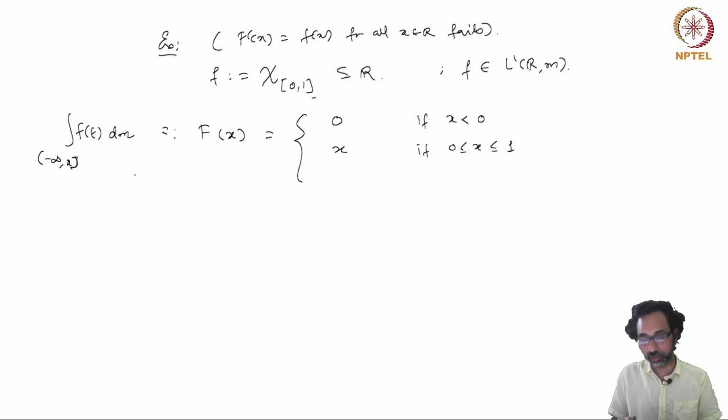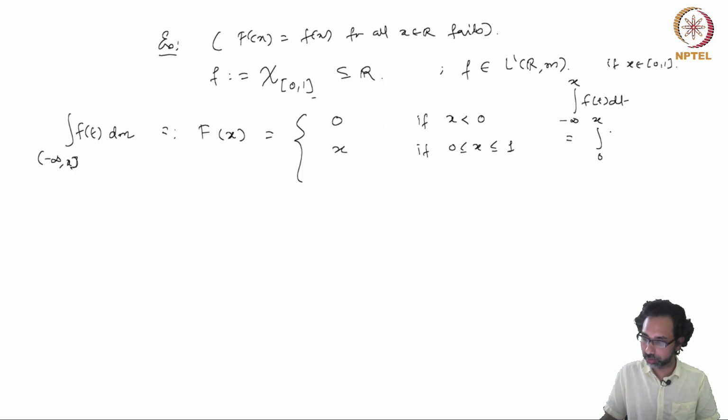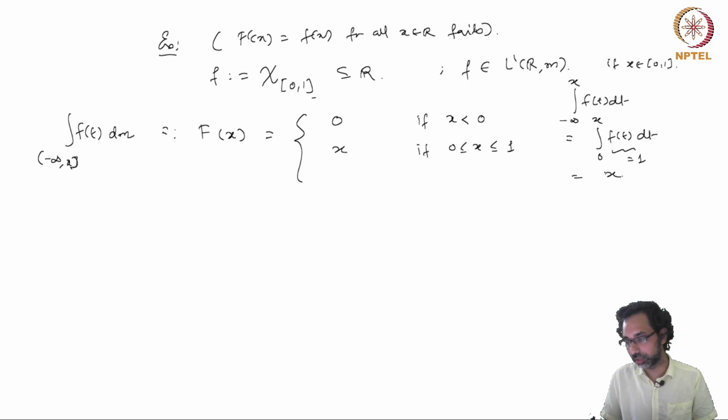So it is Riemann integrable, and so if x belongs to [0,1], the integral from minus infinity to x of f(t) dt is equal to the integral from 0 to x, and this is nothing but x, because f is just the indicator function of [0,1], so it's equal to 1 on this range 0 to x. So this is simply x.